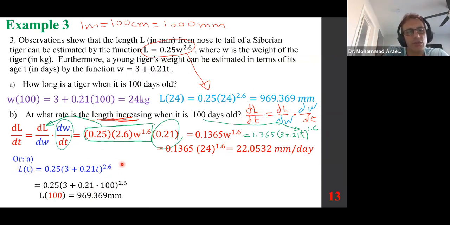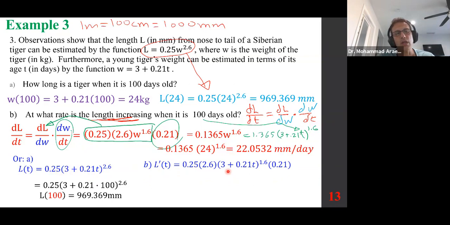This is the extended power rule: 0.25 times 2.6 times the same thing to the power of 1.6 times 0.21, right? So 0.25 is there, 2.6 sits in front. You use the same parentheses to the power of 1 less, that means 2.6 minus 1 is 1.6, and then the derivative of the inside by the chain rule is 0.21. You multiply this number and this number and this number, you put it in front. And now you replace the t with 100 and it gives you absolutely the same answer.